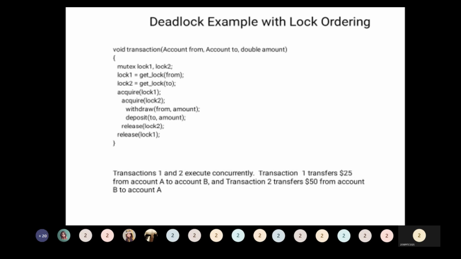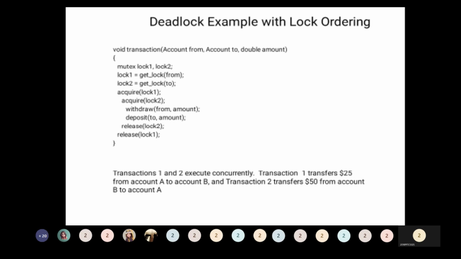So here is another example shown with lock ordering. Take an example function, transaction. It takes the account from which and the account to which you are performing the transaction, and the amount. You have two different locks, lock 1 and lock 2. Lock 1 is for the account you are transferring from.